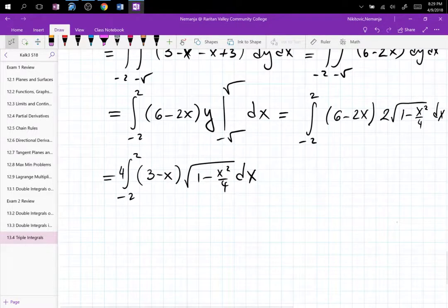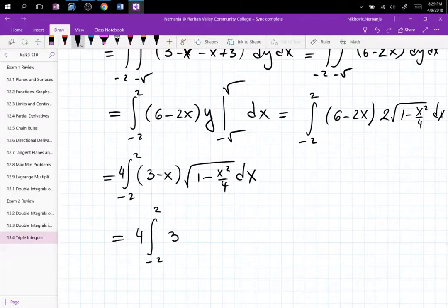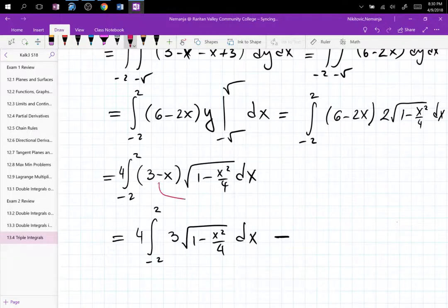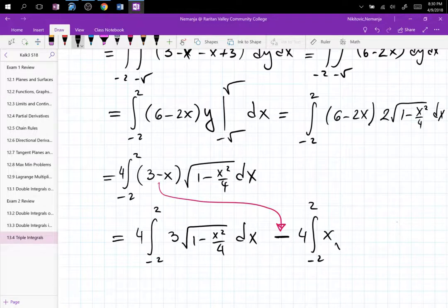And the way to integrate this is to split into 2 integrals. So we have 4 times the integral from negative 2 to 2 of 3 times the square root of 1 minus x squared over 4 dx, minus 4 times the integral from negative 2 to 2 of x times the square root of 1 minus x squared over 4 dx.